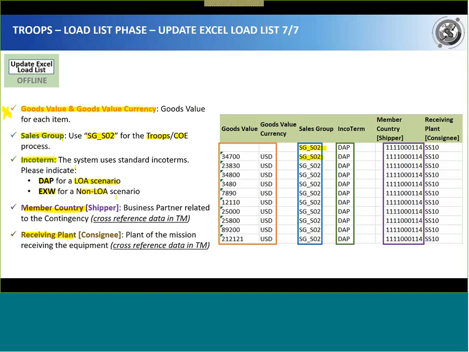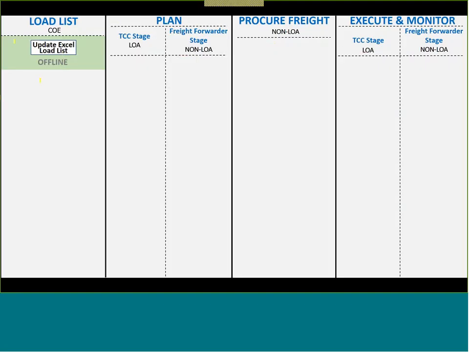All right. Can we move forward? Yes. So we explained this offline part that is done by filling in the Excel file, and that can change in the future. The main outcome of this process is to create the forwarding orders. Currently, it's done by doing an upload using an Excel file, and that might change in the future.